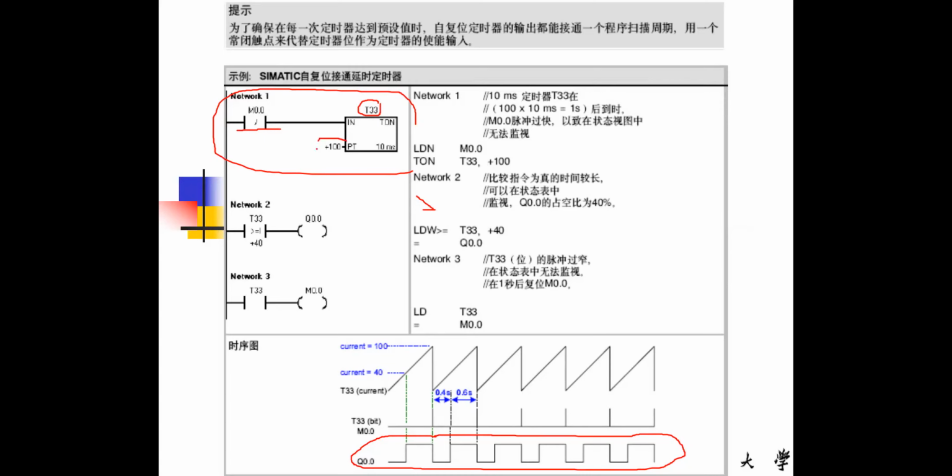When the time reaches 100 times 10 milliseconds, it means 1 second.